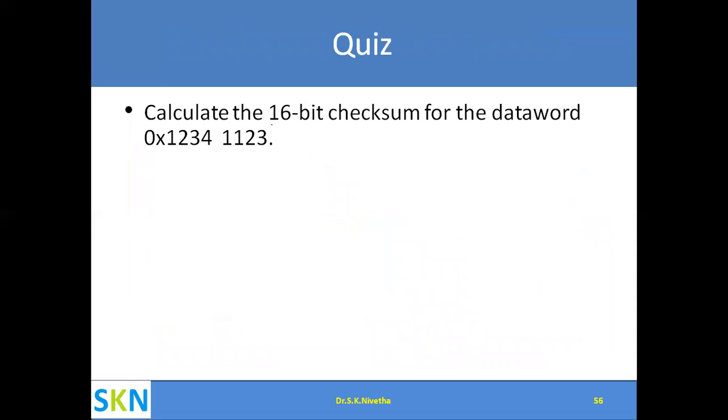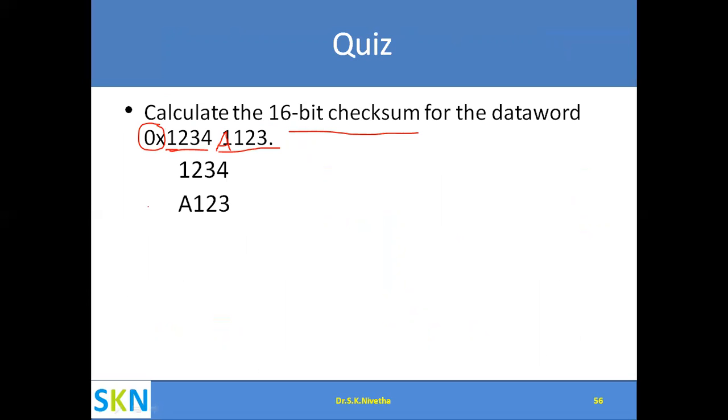Now calculate the 16-bit checksum for the data word 0x1234 1123. The 0x means it is in hexadecimal. A 16-bit checksum means each hexadecimal digit is 4 bits, so first 4, then the next 4. If we arrange in this order, it is actually A123, so we have to correct it.